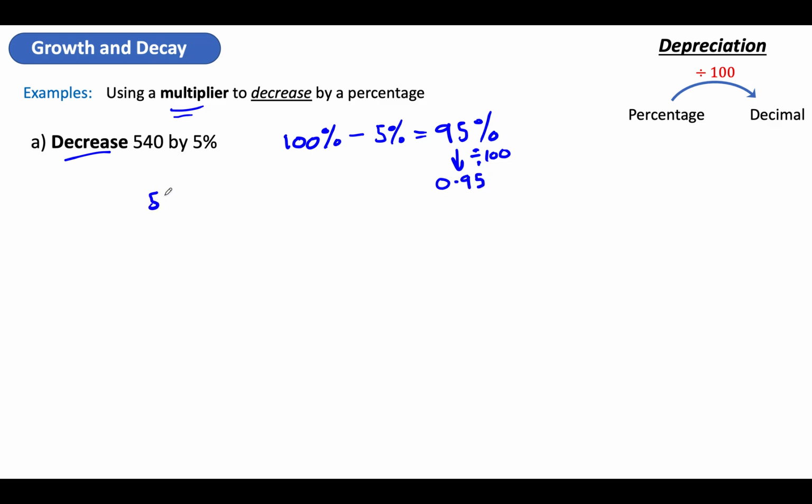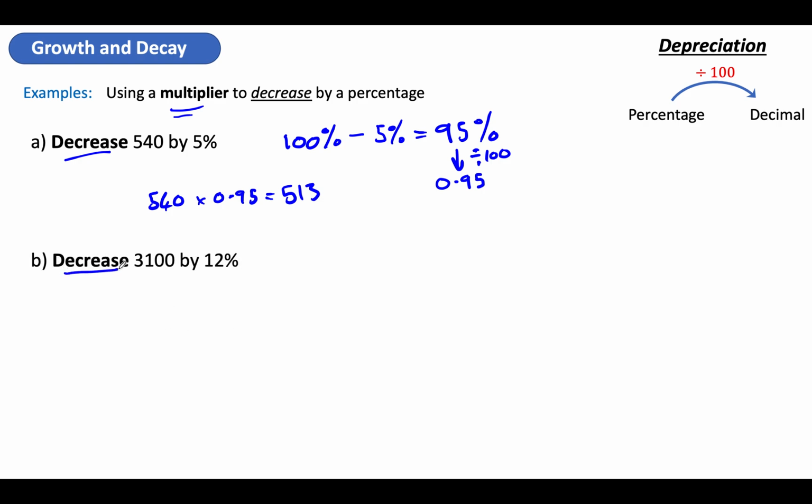And so if I take my figure of 540 and I times it by 0.95, it will reduce it by 5%. Easy, yeah? And I'll type it in my calculator, and the answer is 513. But for the minute, the multiplier is the really important thing I want. You know how to multiply stuff. It's getting the multiplier in the first place.